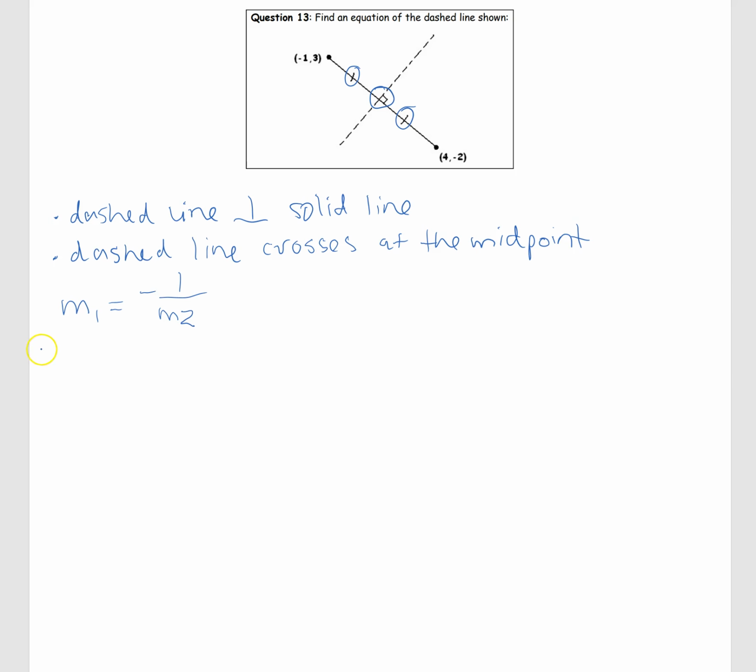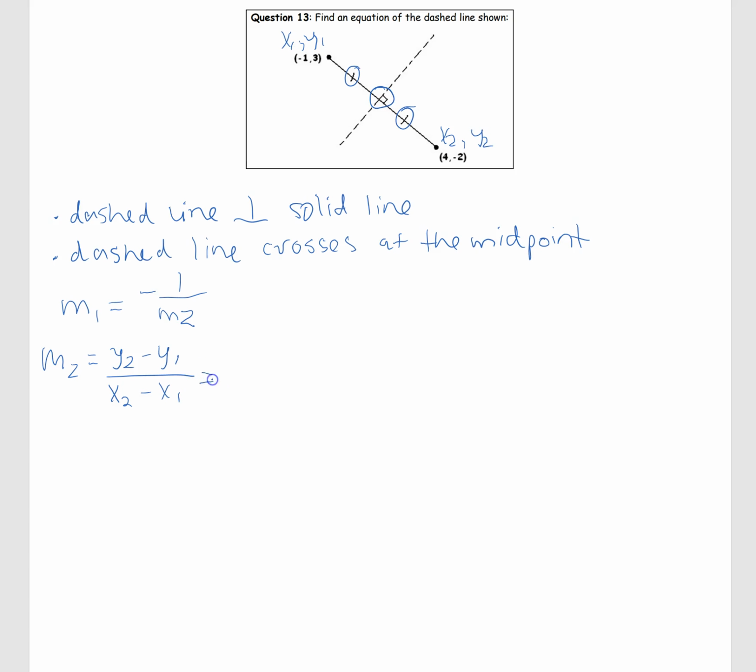I'm going to call that slope m2, and that's equal to y2 minus y1 over x2 minus x1. I'm going to call this point up here x1, y1, and this point down here x2, y2.